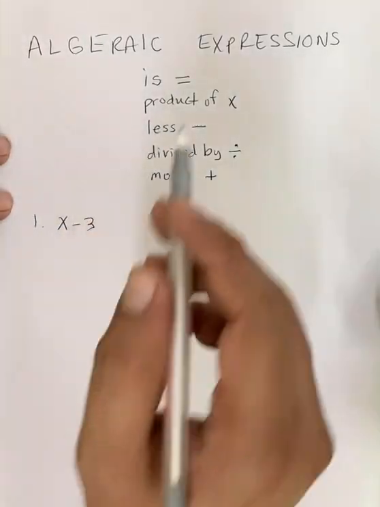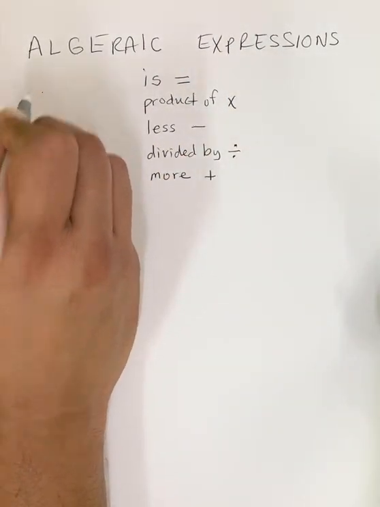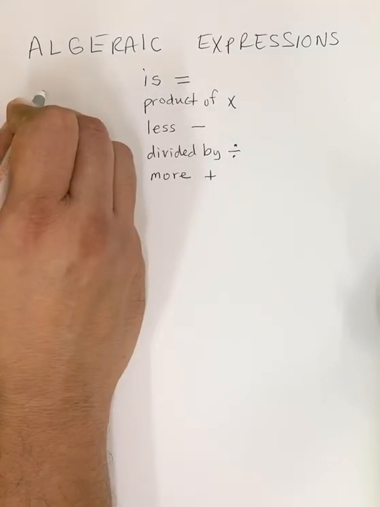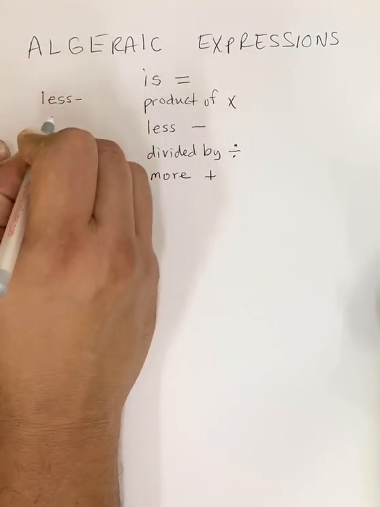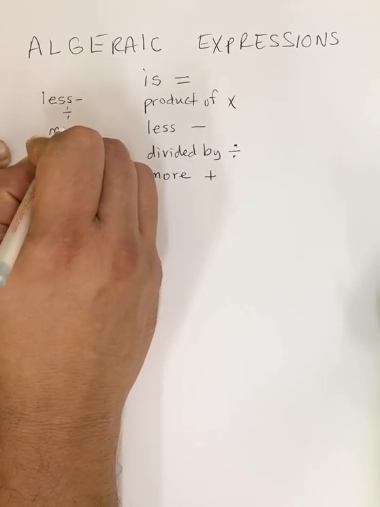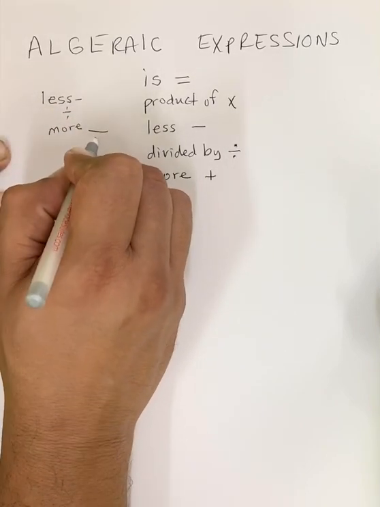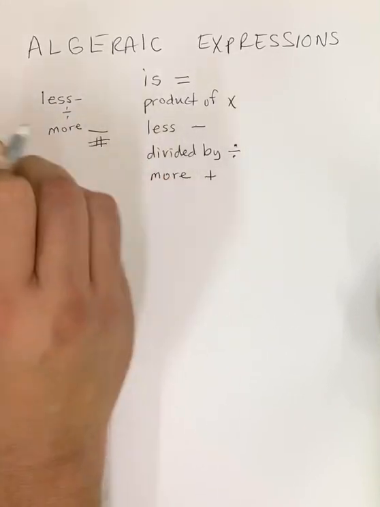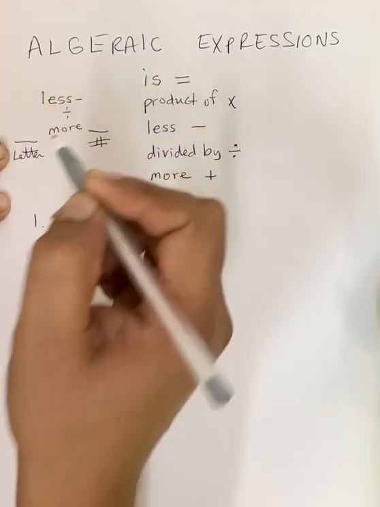Another thing, whenever you have the word less, divided, or more, whenever you have those words, the number's going to go on your right hand side, and the letter's going to go on your left hand side.